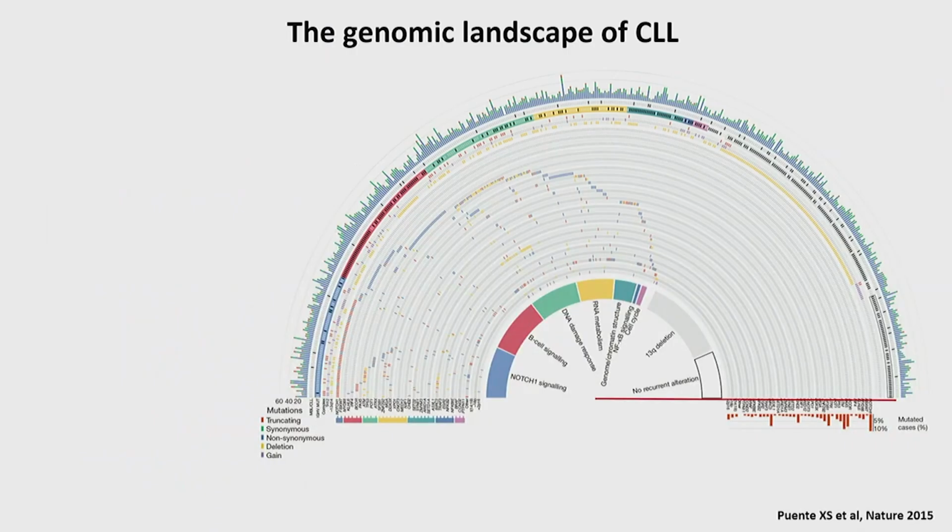I will start with this figure that summarizes the work that we did sequencing whole genomes and whole exomes of 500 patients of CLL. Each patient is reflected in one line of this figure, and each row represents one genomic alteration, different mutations and copy number.